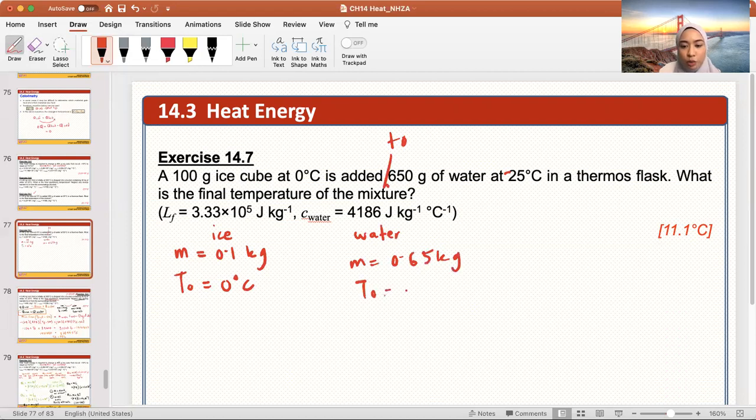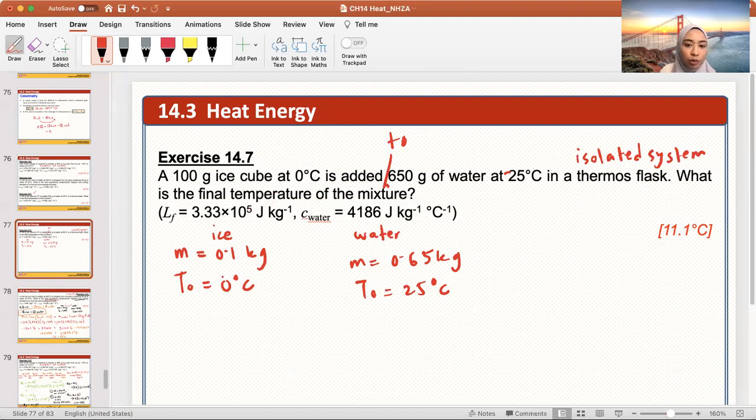T naught is 25 degrees Celsius in a thermos flask. We know a thermos isolates the inside from the environment, so it's hard to lose heat or absorb heat. So we can assume this is an isolated system, or a calorimetry, just like before. What is the final temperature of the mixture?